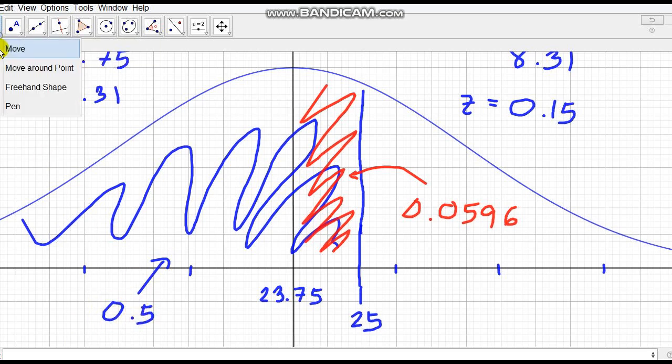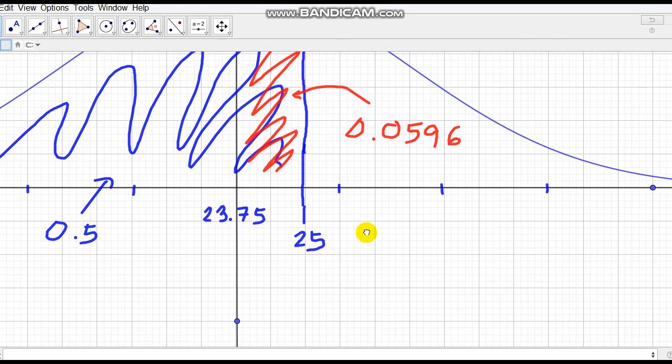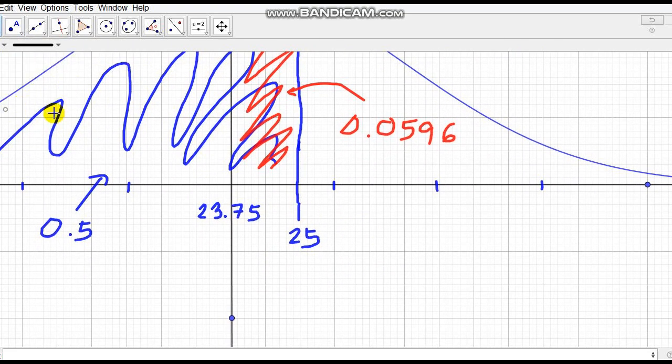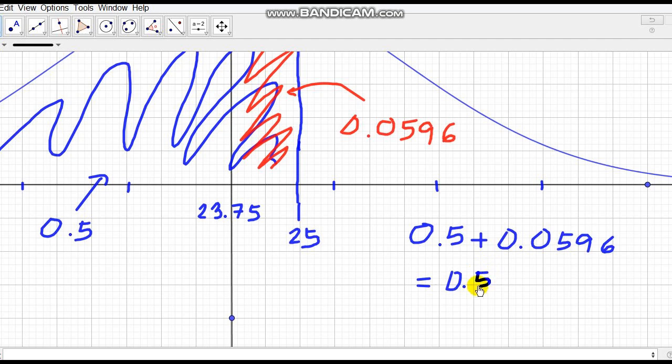So we are just going to add these two. That would be 0.5 plus 0.0596, and this is equal to 0.5596, or 55.96%.